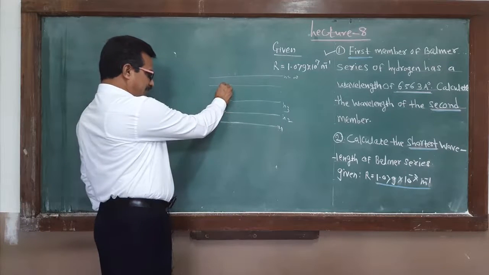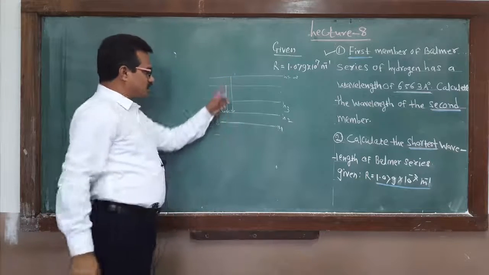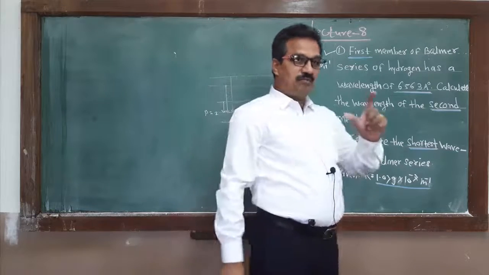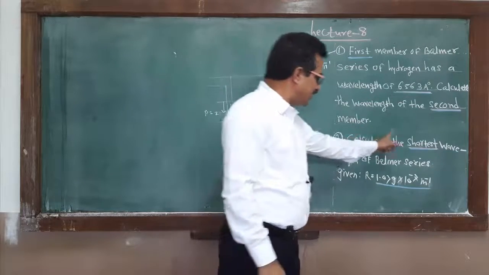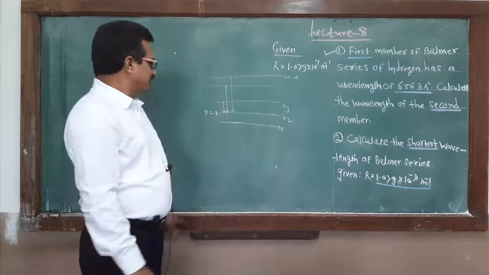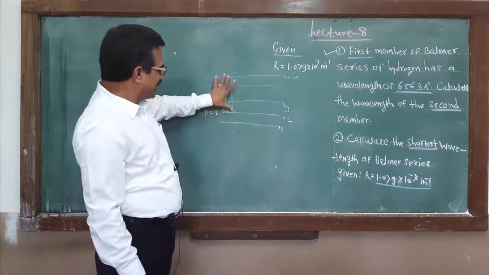And from the next orbit, transition takes place. And the last transition is from n is equal to infinity. You remember that when the question asks to calculate the shortest wavelength of Balmer series, at that time the value of n can be taken as infinity, means the longest transition.